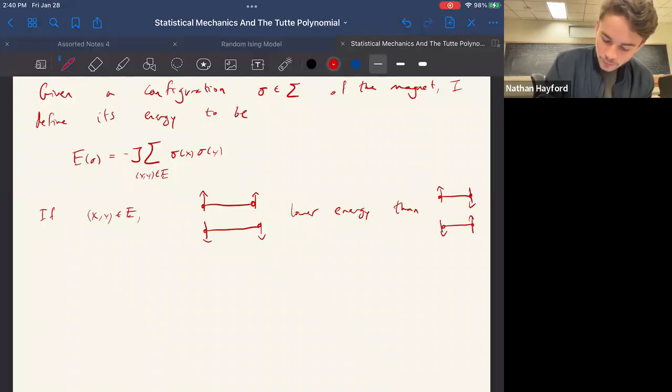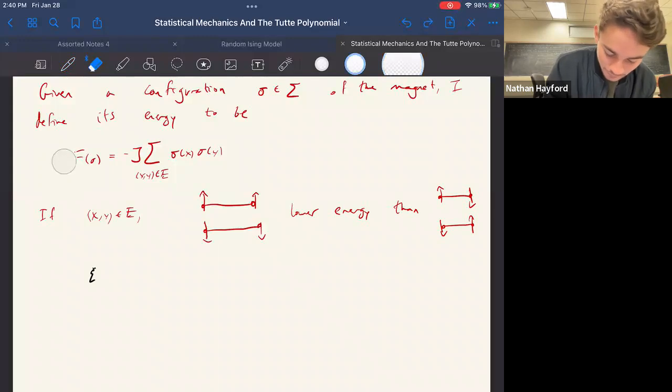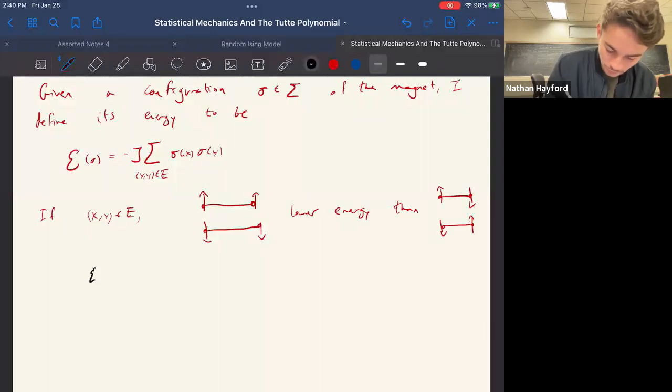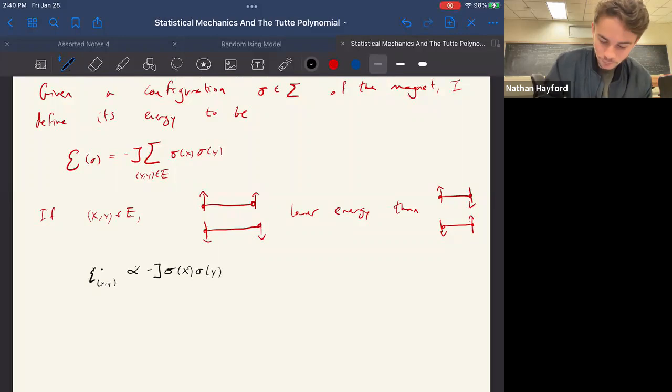So I can think of the energy coming from that individual edge; maybe E wasn't a good letter. I'll use script E, just to differentiate it from the set of edges. So the energy coming from an individual bond or edge x, y should be proportional to a constant times the product of the values of the spin.